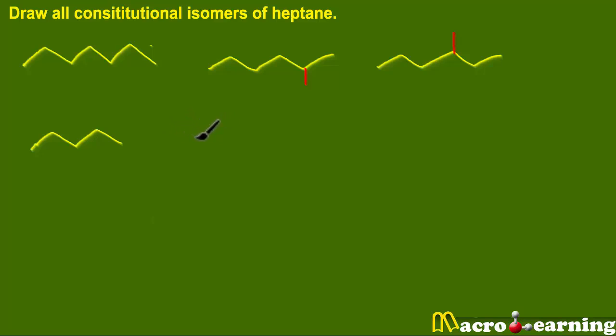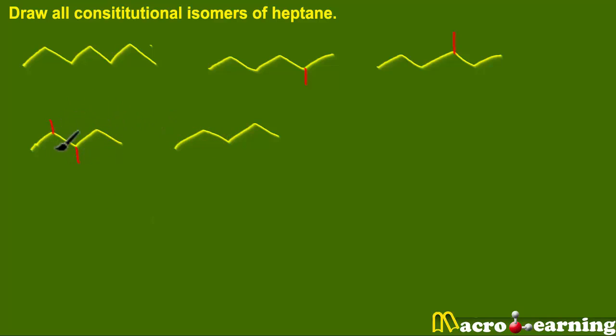Okay, so for 2 methyl groups, let's see what are all the possibilities. Let's do it on this one first. Main chain, 5-carbon chain, 2 methyl groups. It could be one on this carbon and one here. So that's another isomer, no problem.